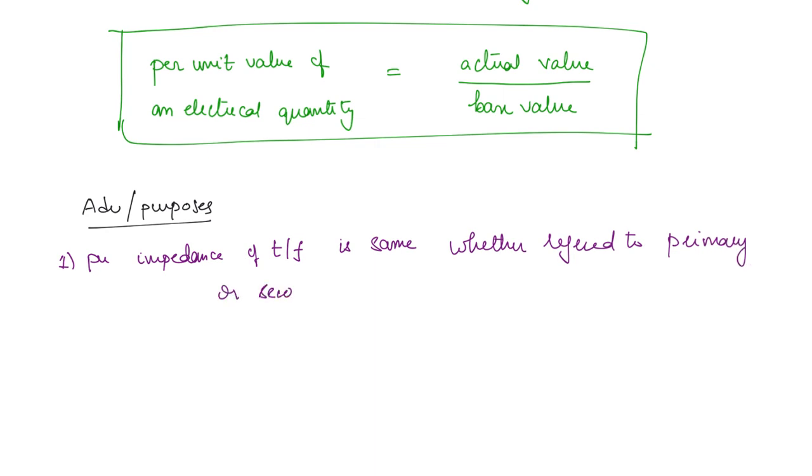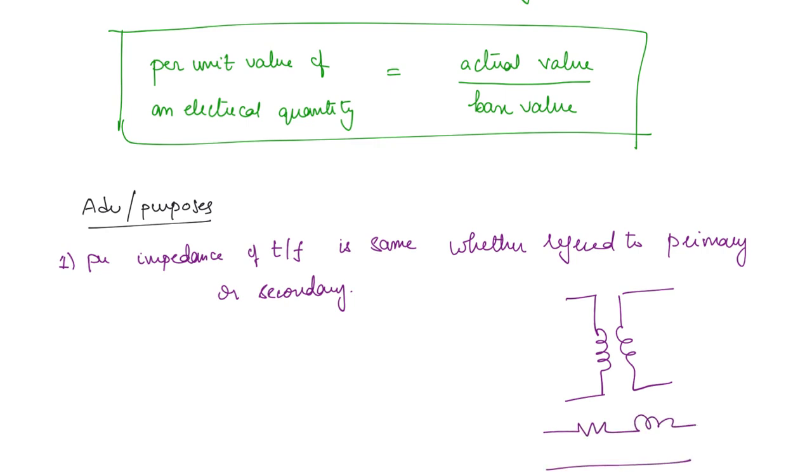So what happens in a transformer is we get an equivalent circuit. We have the transformer like this, right? So one side is isolated from the other side. But when we are drawing the equivalent circuit of transformer, we are going to express it like a single circuit. Okay, this is the approximate equivalent circuit. So here we can either express it in terms of the primary side or in terms of the secondary side.